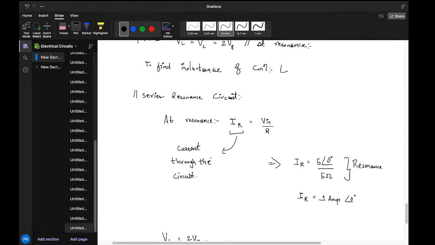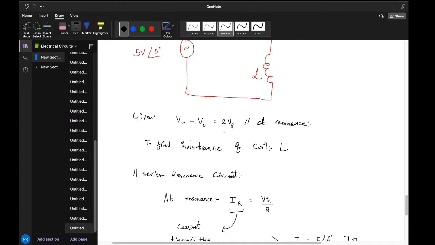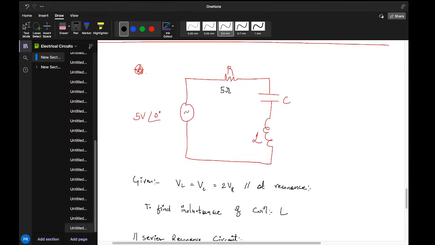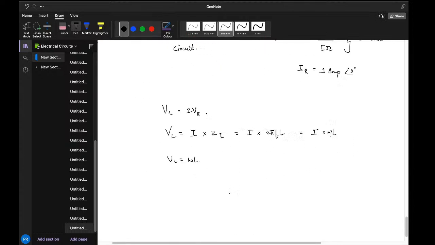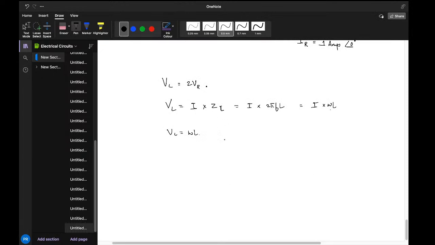Now since it is a resonant circuit out here, the potential difference across the resistor is I times R, or V of R is I times R. I is 1 ampere, so this is 5 volt. Okay, but here it is given V of L is equal to 2 times V of R, which is 10 volt.